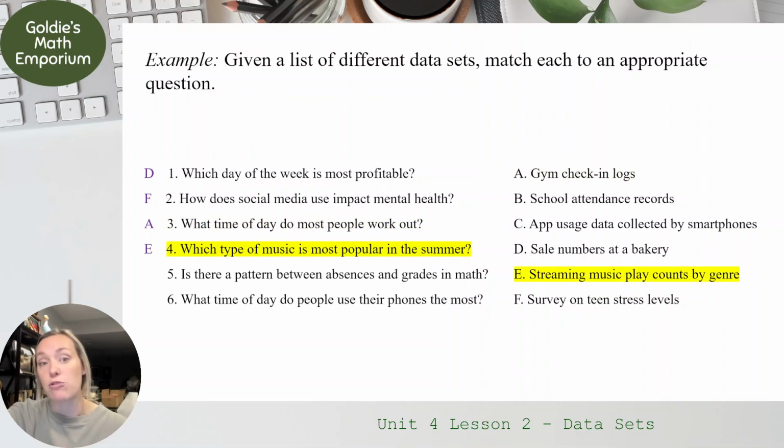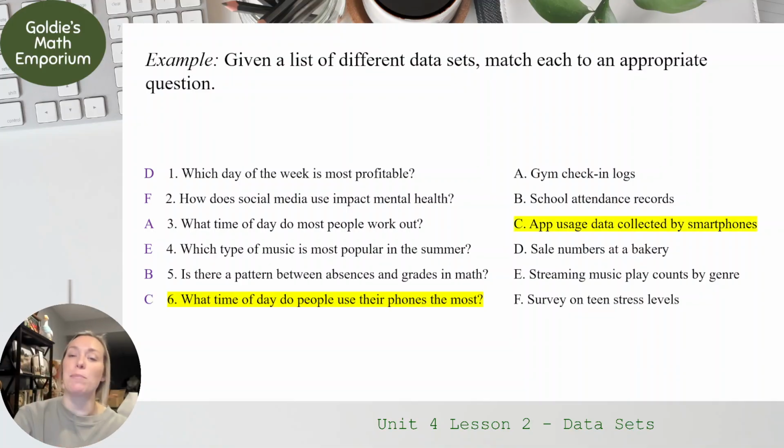That's when we're looking at streaming music. Is there a pattern between absences and grades in math? That's when we'd look at school attendance records. And what time of day do people use their smartphone the most? The last one, app usage data collected by smartphones. Okay. Again, we want to have that data set match the question. We want that data set to answer the question it's intended for.